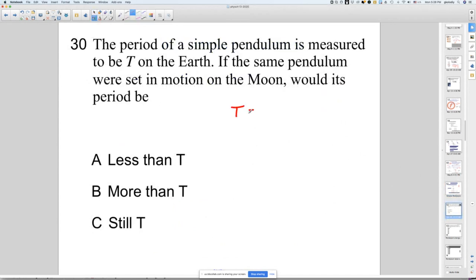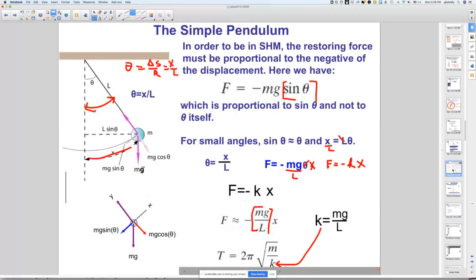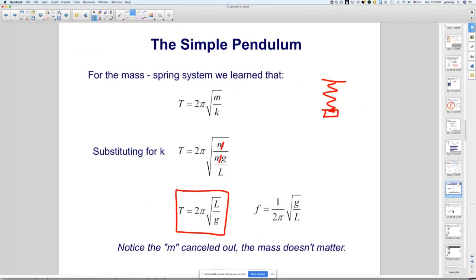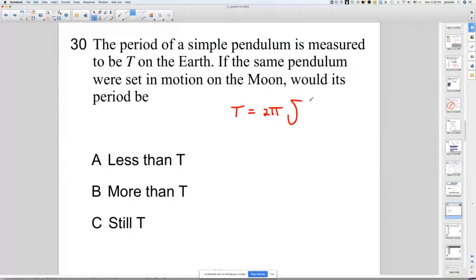T, the period of a pendulum, is 2 pi square root of L over g. And remember, you verified this equation in the very first lab we did here.